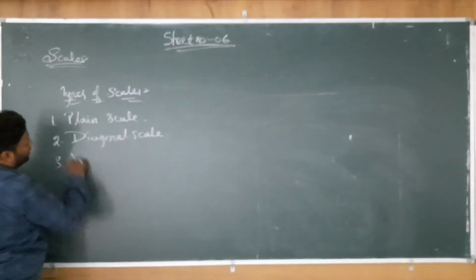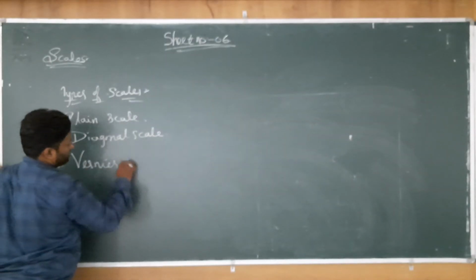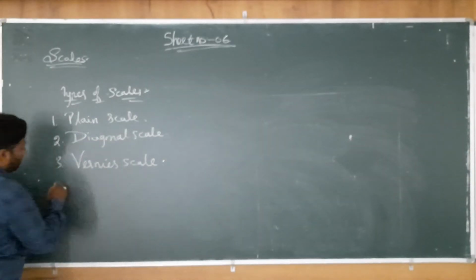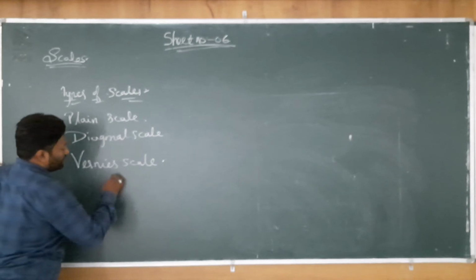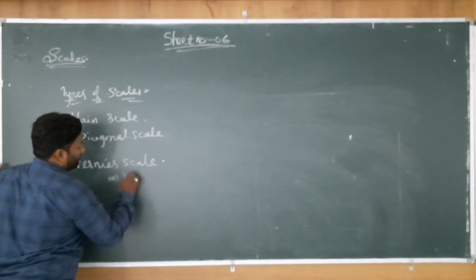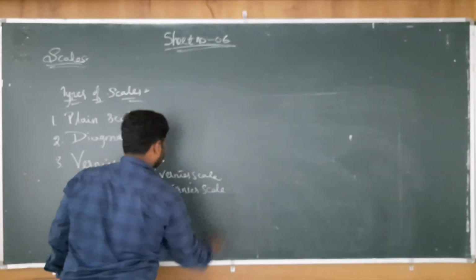Third one is vernier scale, which is again classified into 2 types: A, forward vernier scale, and B, backward vernier scale.